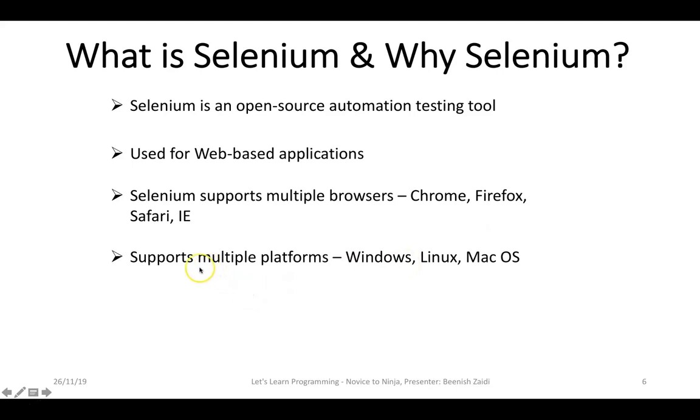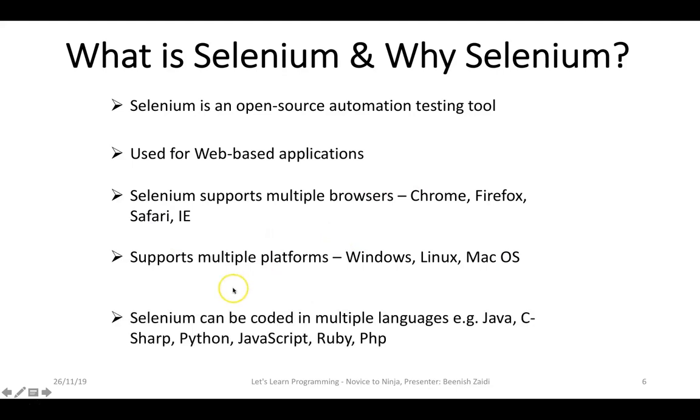Fourth one, it really supports multiple platforms. Talk about Windows, Linux, Mac operating systems. And the other important aspect in Selenium is that Selenium clients can be coded in multiple languages. It has support for Java, C#, Python, JavaScript, Ruby, PHP.